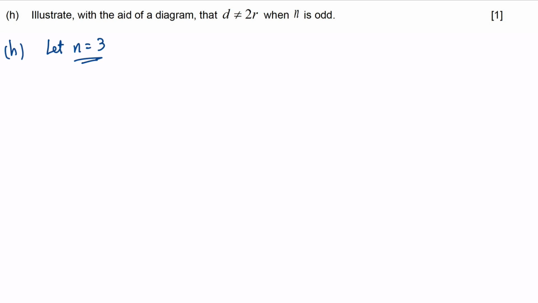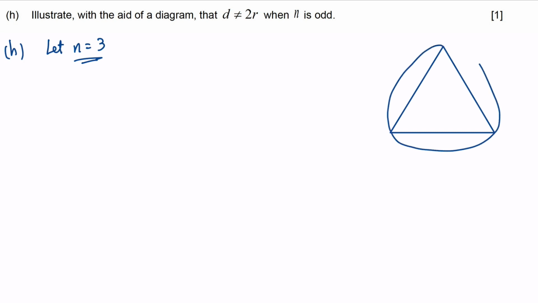Alright, and in fact, if you look at n equals 3, that is the same as looking at an equilateral triangle. And we should draw the circle also. Not a very good picture, but you can see that the diameter of this circle is over here. And it is definitely not the maximum distance between any 2 points. In fact, we can also see this from part E of the question.